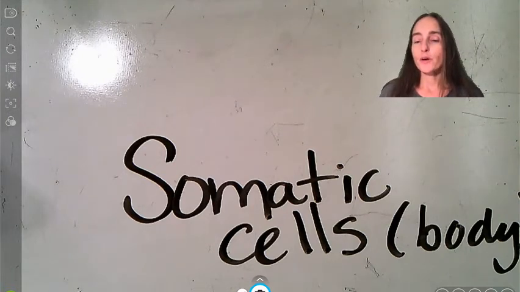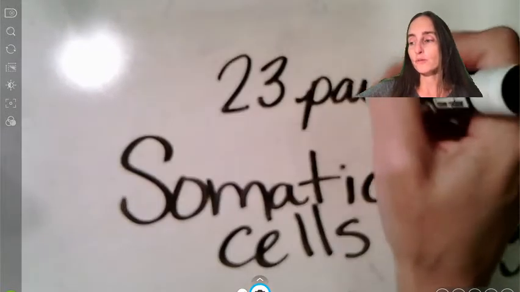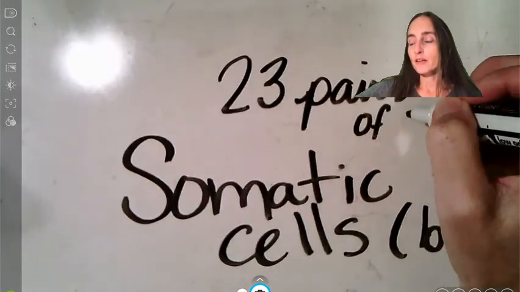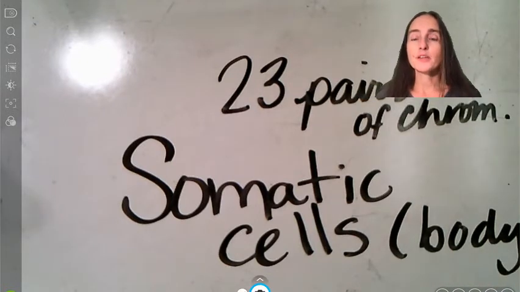In each cell in the human body, we have 23 pairs of chromosomes. This is for humans. Okay, so that makes a total of 46 chromosomes. Each of those 23 pairs, so you'll have 2 of chromosome number 1, 1 from your mom, 1 from your dad, 2 of chromosome number 2, 1 from your biological mom, 1 from your biological dad, and so on and so forth.